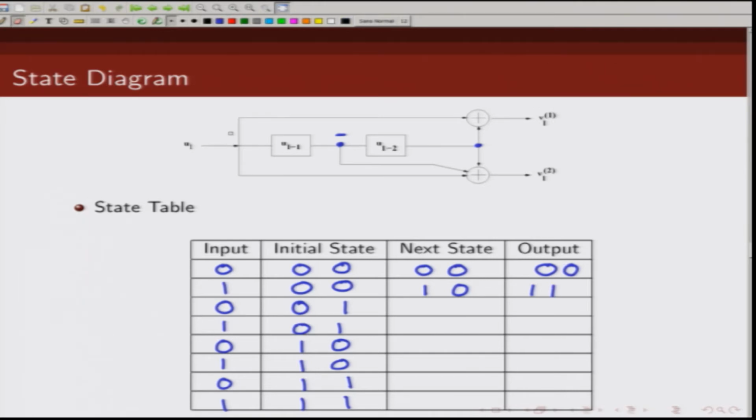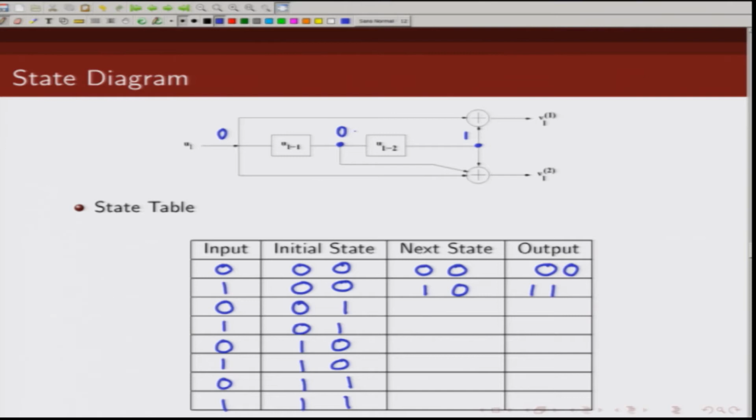Let us look at the next case, initial state 0 1. So, initially this is 0 and this is 1. If the input is 0, what is going to happen? This 0 will move here and this 0 will move here.